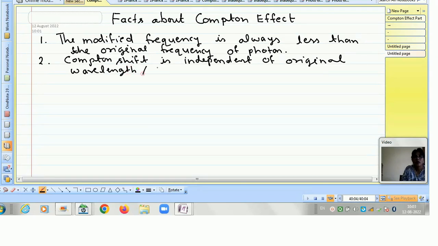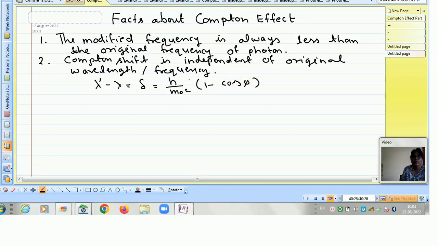So now let us recall the term lambda dash minus lambda, which is equal to delta, the Compton shift, and this is h upon m naught c into 1 minus cos phi. So here we can see that this delta doesn't depend on lambda. It doesn't depend on the original lambda or the original frequency.